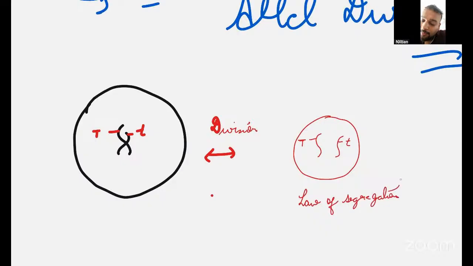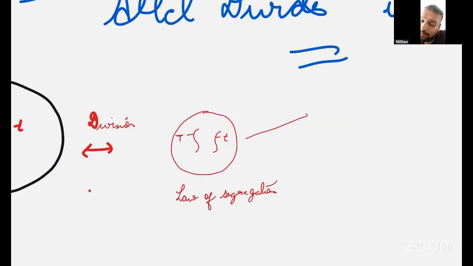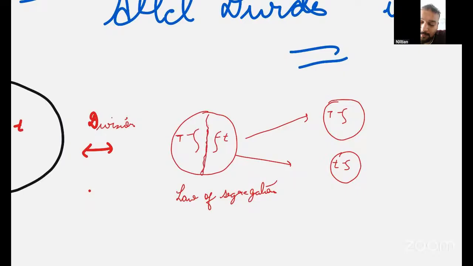Now, when two gametes form, it is going to look like this. Everyone got this? Agatha, David, Ira, Miraculin, you got it?